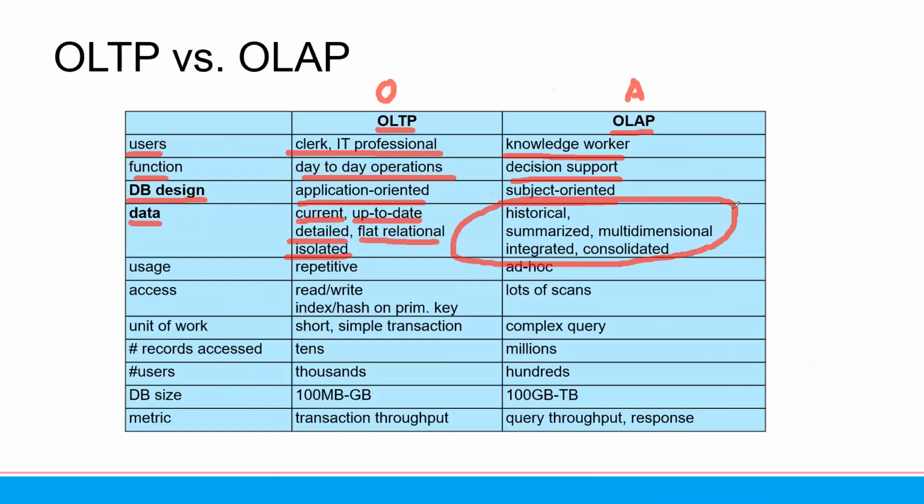Sometimes it is not updated data. It is last year's data. That will be okay because it is for the analysis. And sometimes it is only the summary. And we have the multi-dimensional data, and it has been integrated and consolidated.